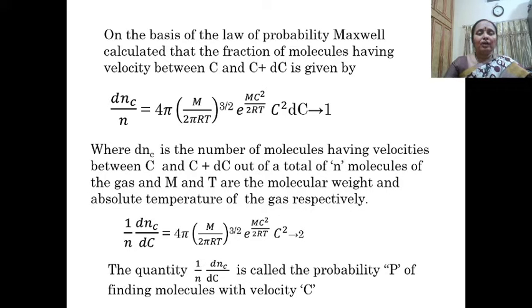Making a small rearrangement by bringing this dc over here, I can write the same expression as 1 by N dNc by dc is equal to 4 pi (m by 2 pi RT) to the power of 3 by 2 e to the power of minus mc square by 2RT c square, and numbering this as equation 2. This term 1 by N dNc by dc is called the probability P of finding molecules with velocity c.